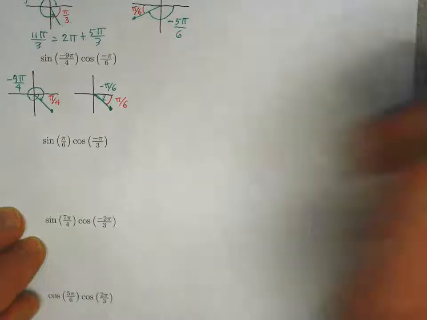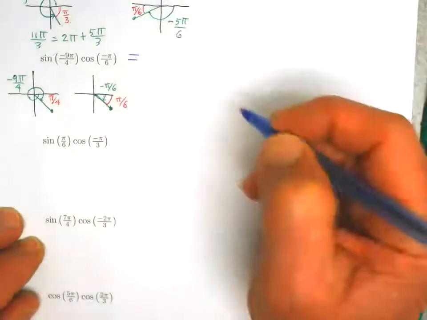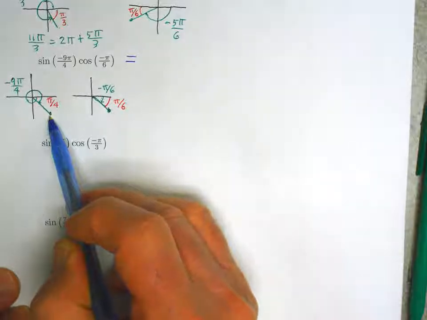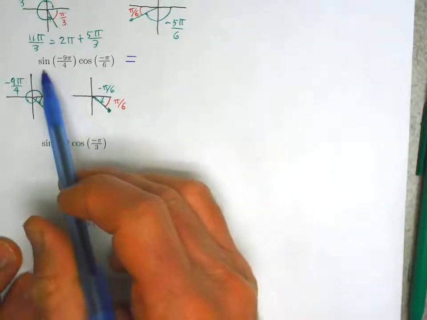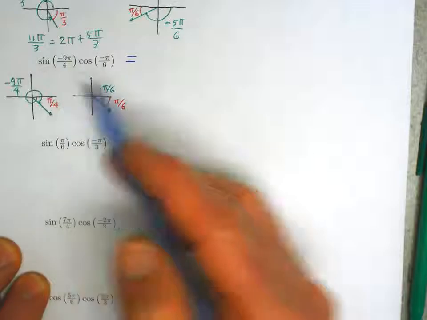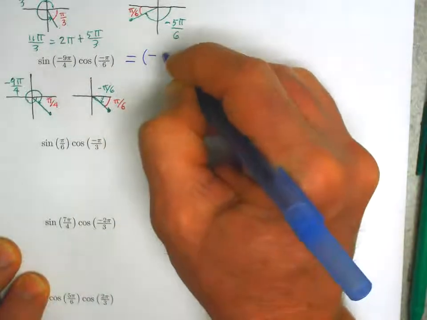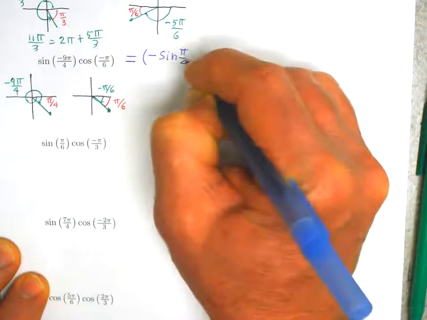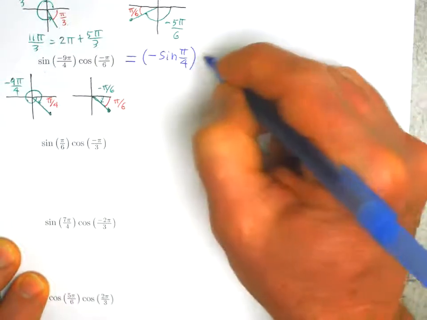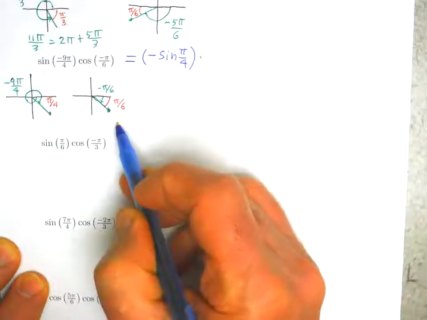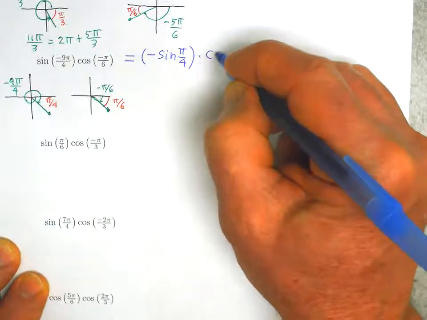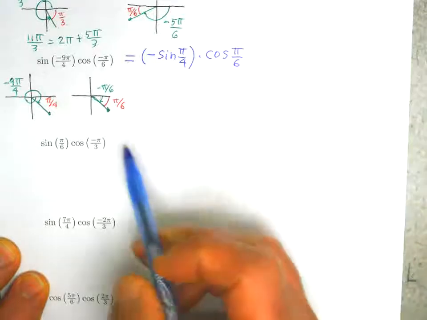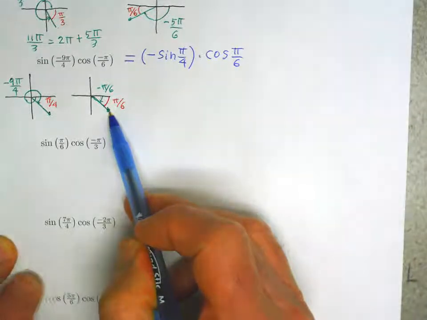Okay, so we can write down, without writing all of the details, in the fourth quadrant, sine is negative. So sine of negative 9 pi over 4 is the negative of sine of pi over 4, using the reference angle. And we'll multiply that by cosine of pi over 6, because cosine is positive in the fourth quadrant.